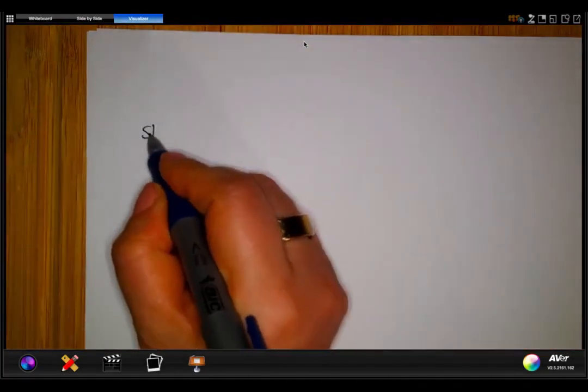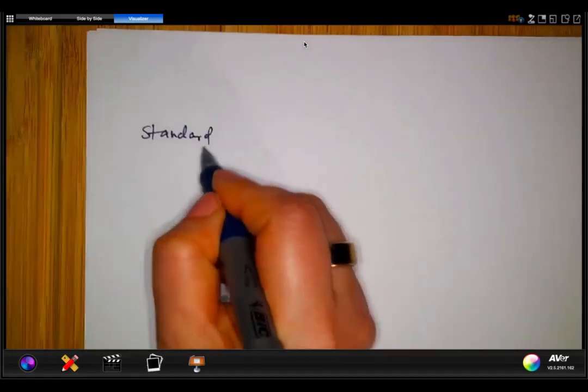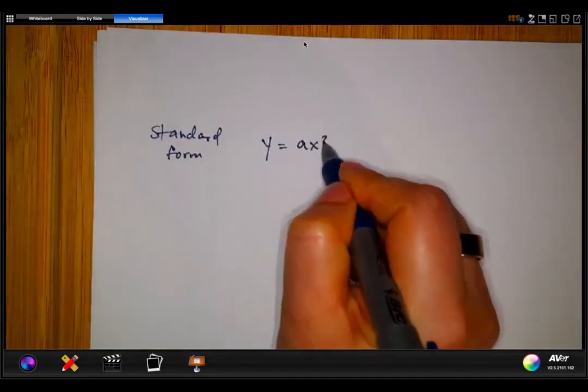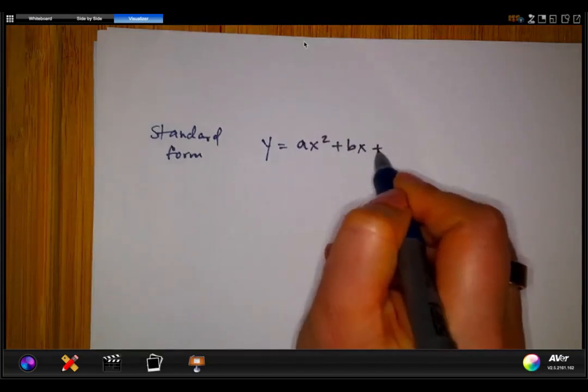Okay, so normally when we do a factoring problem, we're trying to find 2 numbers that multiply to the c term and add up to the b term in the standard form of a quadratic equation. So the standard form of a quadratic equation, y equals ax squared plus bx plus c.